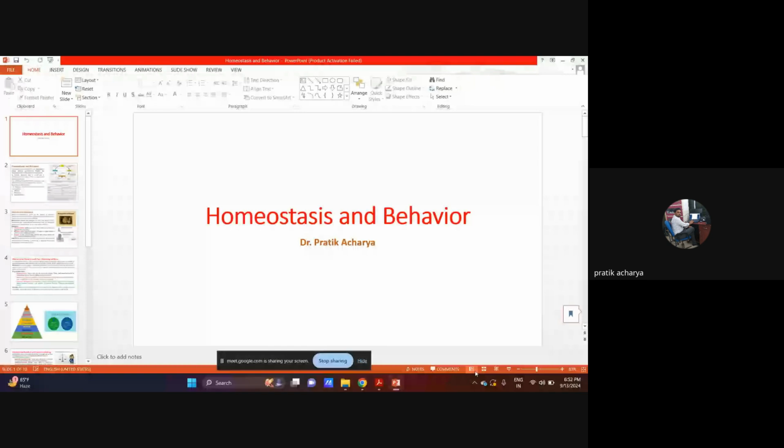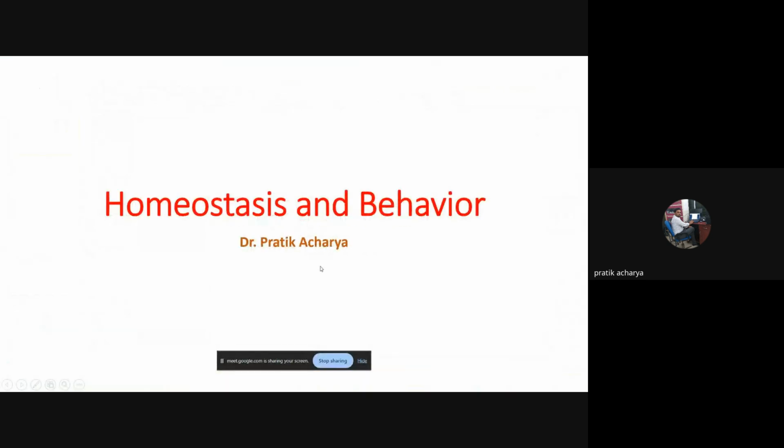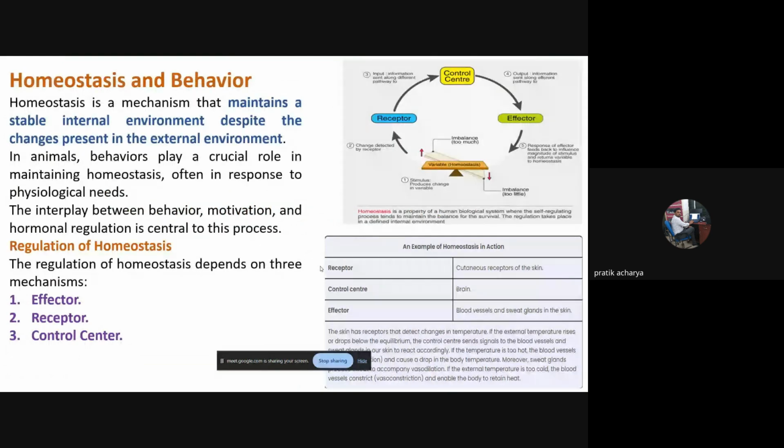So now we'll discuss homeostasis and behavior. To learn this part, we first have to understand what homeostasis is. As we all know, homeostasis maintains a stable internal environment despite the changes in the external environment. That means a fixed or constant body condition is maintained despite changes in environmental status.